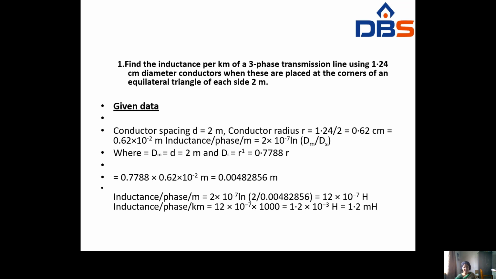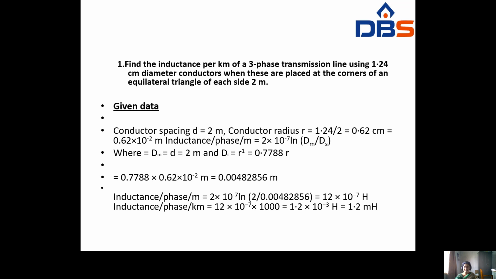This is per meter. Whenever you want kilometers, you multiply by 1000. So 12 into 10 to the power of minus 7 into 1000 gives 1.2 into 10 to the power of minus 3 Henries.